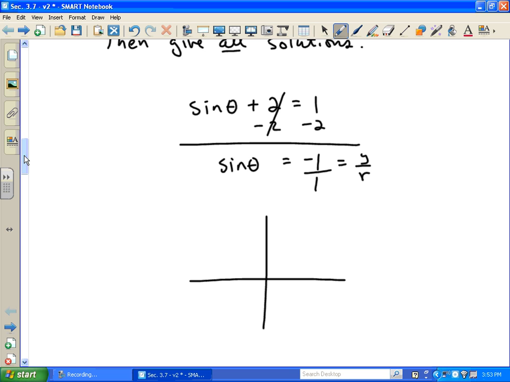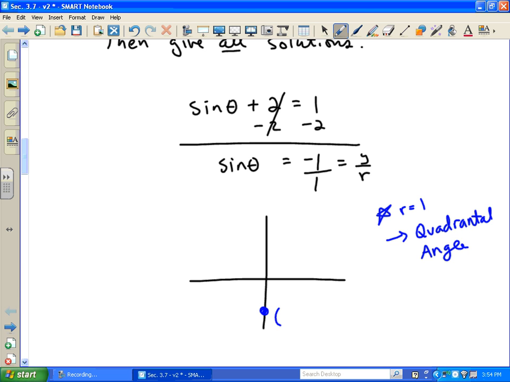If r is equal to 1, that indicates to me that it's going to be a quadrantal angle in this situation. R equal 1 means you're going to have a quadrantal angle. So the angle is going to fall on an axis. Y equals negative 1 will tell me exactly which axis it falls on.